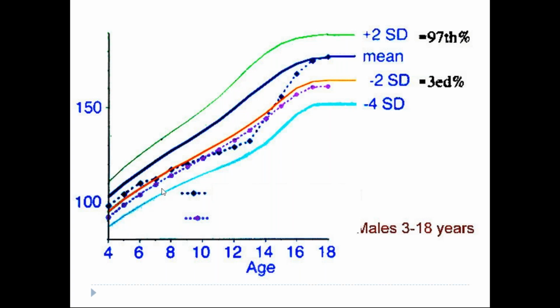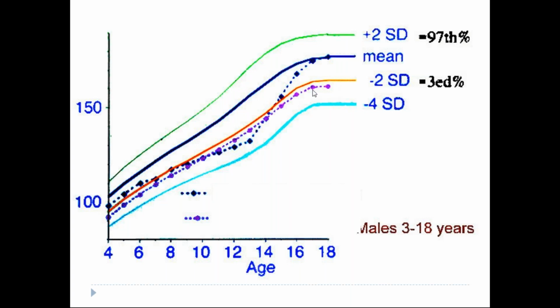So this child, you can see he is growing, he is short, and then he always remains less than -2 standard deviation. So can you answer what is this? The one I'm showing, the purple one, light purple one. What sort of short stature is this? Is this familial or is this constitutional?